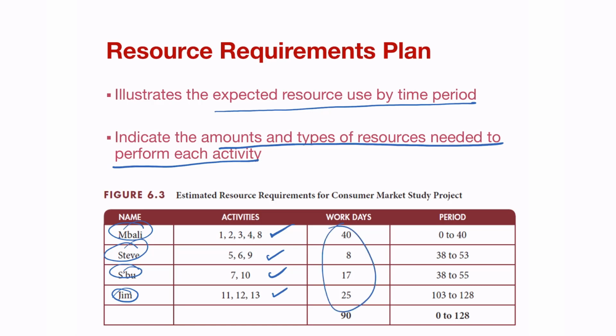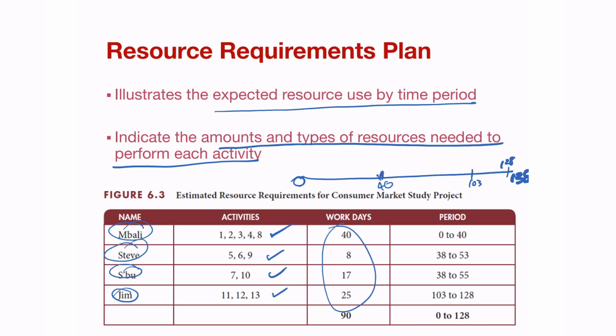We can calculate the work days based on the task periods that we have. And then we also have a period timetable as well. The period timetable simply means that if this is day 1 and this is day 138, as we've established, then we can track that Mbali is needed from day 0 to day 40, which is roughly over there. And Jim is going to be needed from day 103 till 128, which is roughly over there.